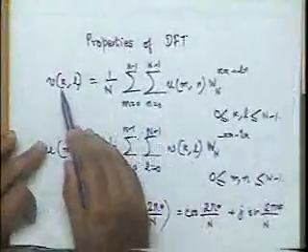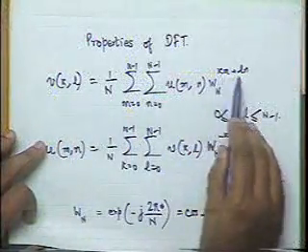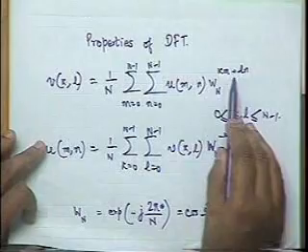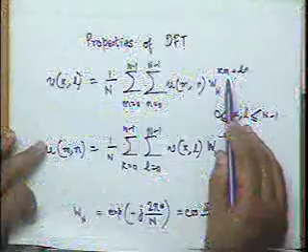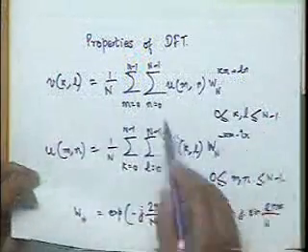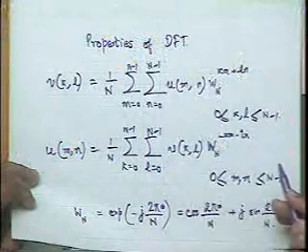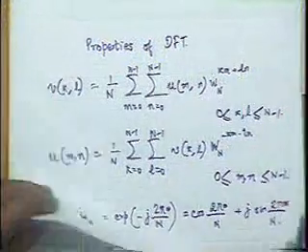The k0 m and l0 n term which I get has to be taken out, and the u(m,n) exponential to the power j 2 pi (k0 m plus l0 n) term remains.